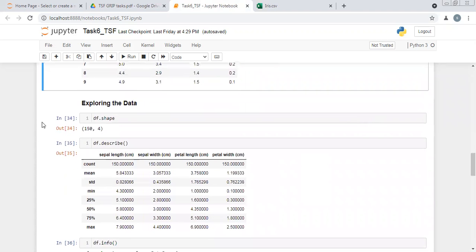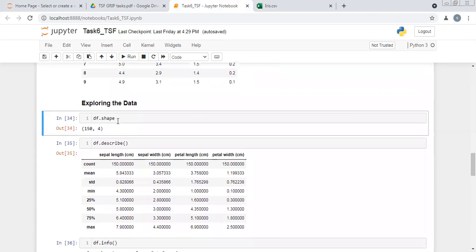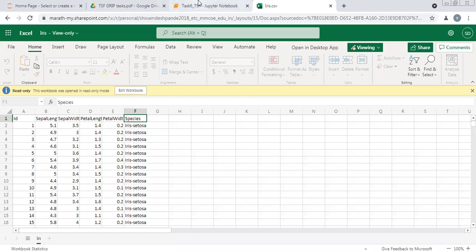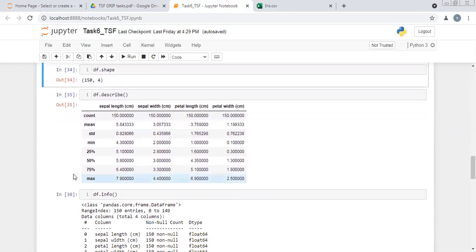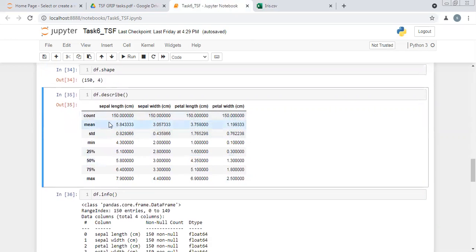Now exploring the data. The shape of the data set: 150 total rows and 4 columns. Then the describe function gives us some statistical information: the mean of the data set, the standard deviation, the minimum and maximum values, and the percentile values, so the 25th percentile, 50th percentile, and so on.